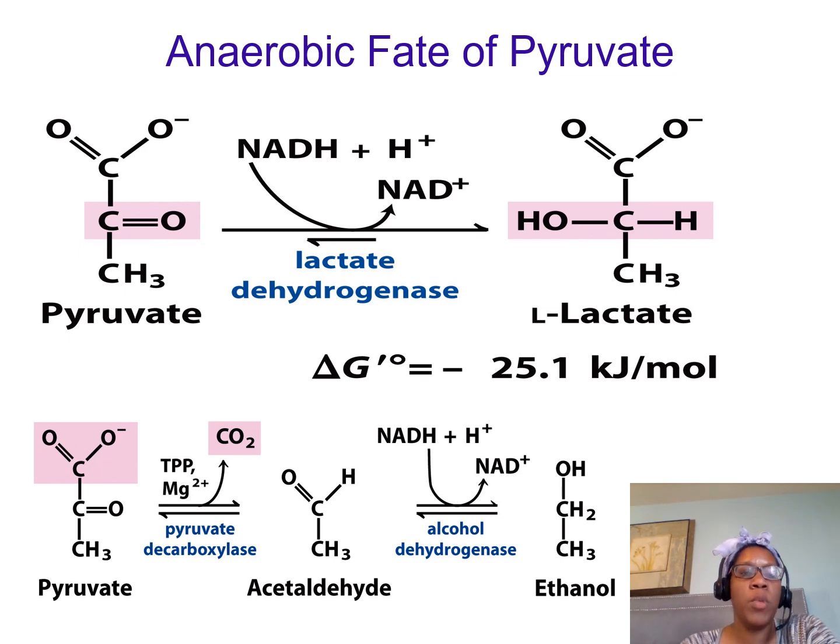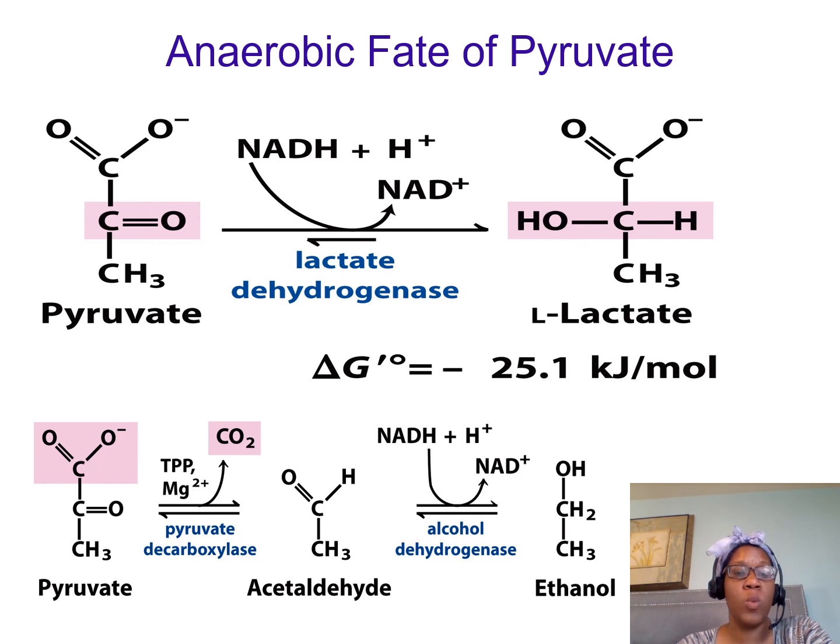So we should remember the structure of pyruvate, and that when we are sprinting or there's just not enough oxygen around, we can convert that pyruvate to lactate, utilizing lactate dehydrogenase. And so I know when I see dehydrogenase, I'm going to utilize an NADH or NAD plus or something like that. So we're going to take NADH and create NAD plus in the creation of lactate.